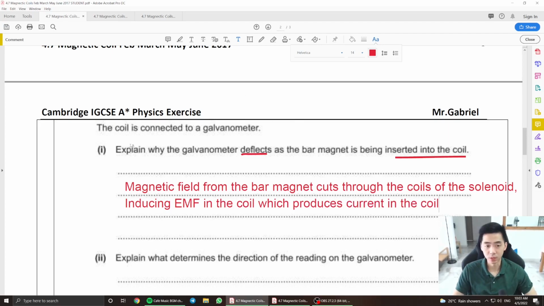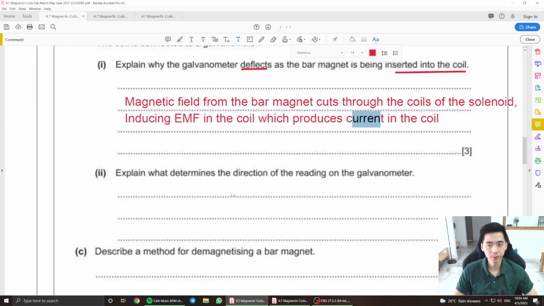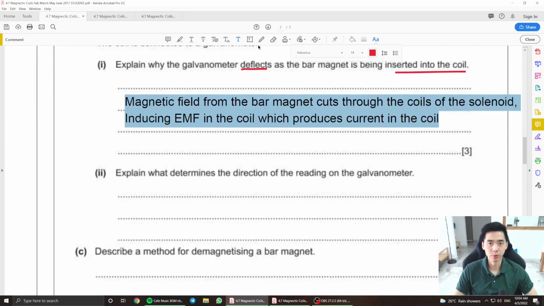Okay, you're supposed to mention this. Magnetic field from the bar magnet cuts through the coils in the solenoid, inducing EMF, electromotive force, in the coil, which ultimately produces current in the coil here. Alright, so this is supposed to be your answer.